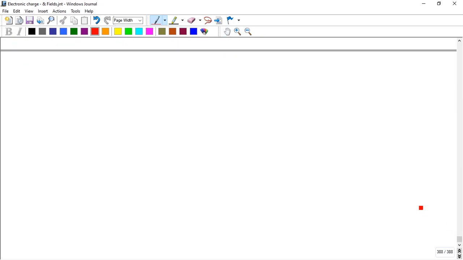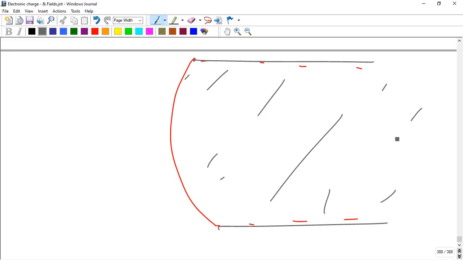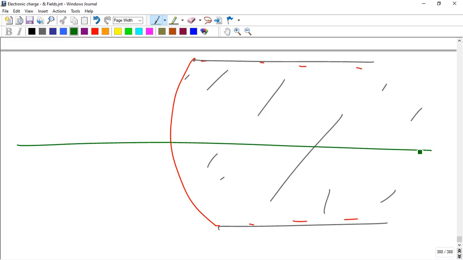The diagram, next page, looks like this. Okay, and this is the high density medium. Suppose it looks like this, and that's the principal axis. Okay, and there is an object here. Here is object O, and from the object to that surface is the incident ray.